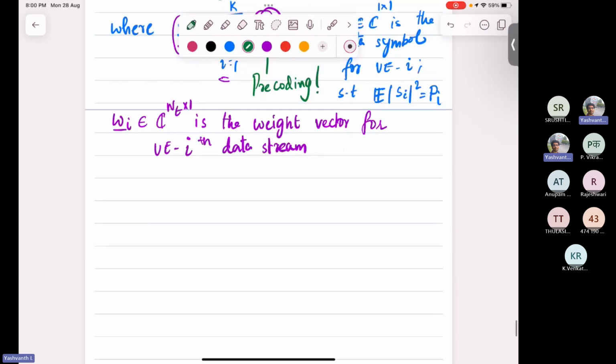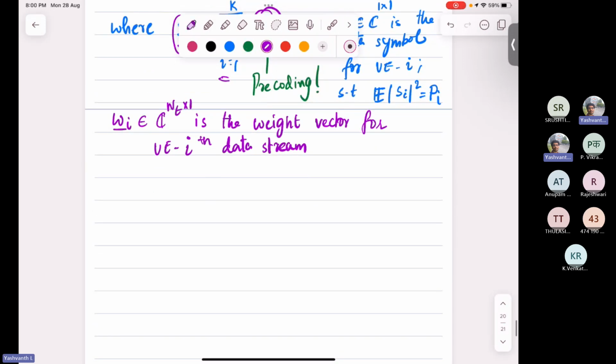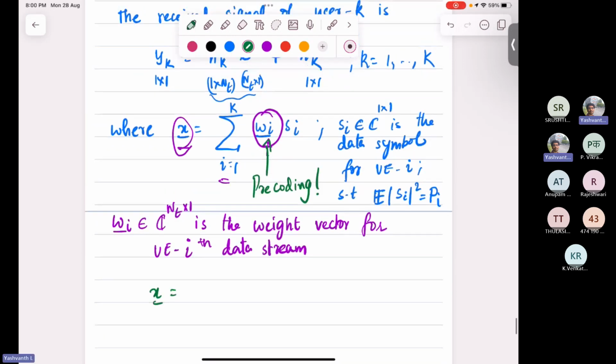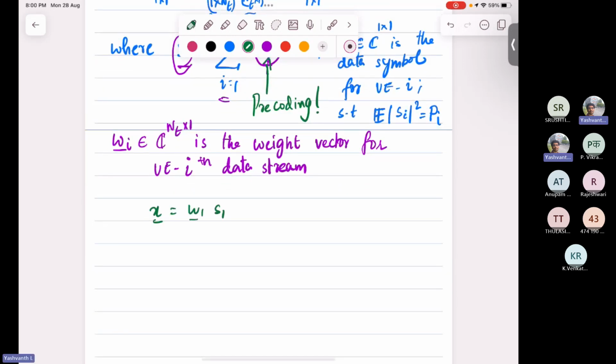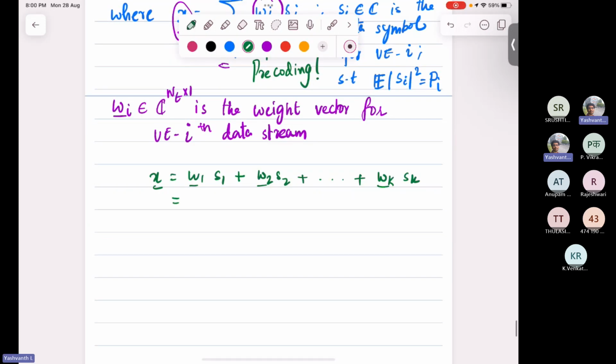Sorry for the delay. So let me write down what X is. I can write X as W1 S1 plus W2 S2 and so on till WK SK. This I can write as W1, W2, and so on till WK times S1 and so on till SK.